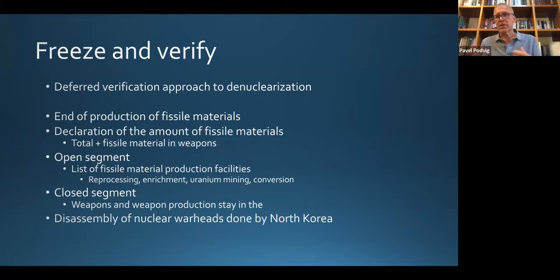And the interesting thing is that in this case the closed segment will not have a boundary as such. It never actually does, but wherever the weapon is, it's in a closed segment. It carries that closed segment with it. And that way you could actually start working through verification.